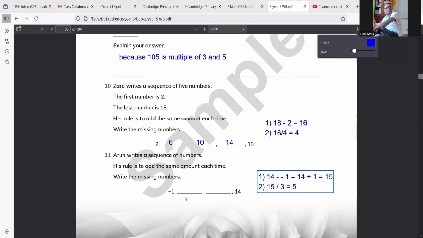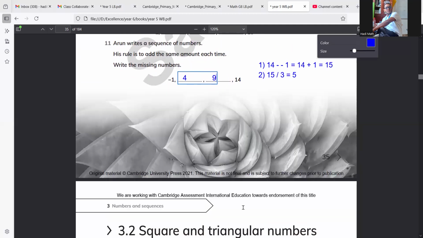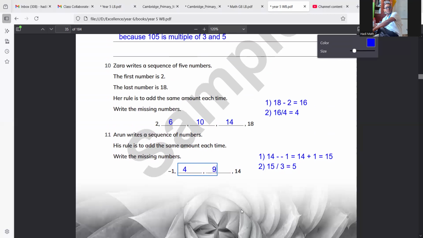Then you add this to the first term: negative 1 plus 5 is equal to 4. And 4 plus 5 is equal to 9. And 9 plus 5 gives you 14. And this is the end of this exercise.